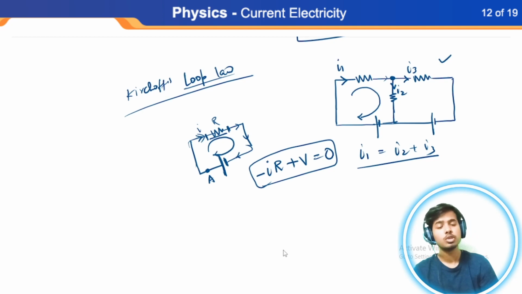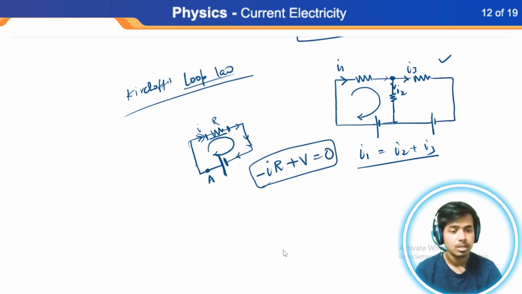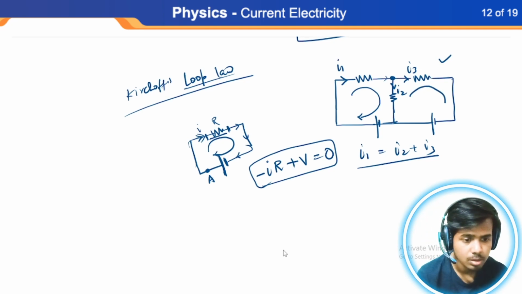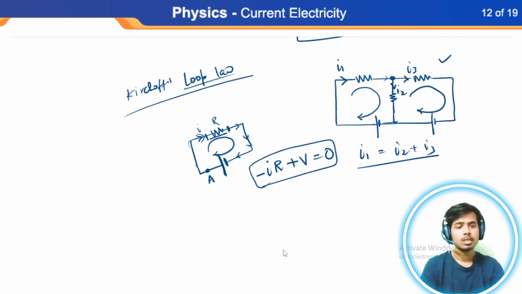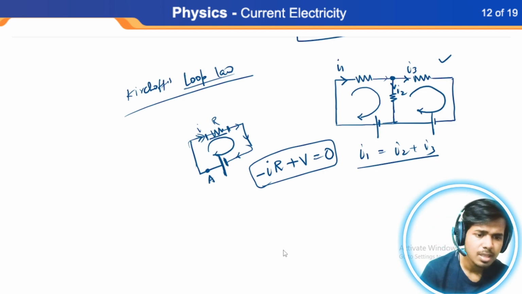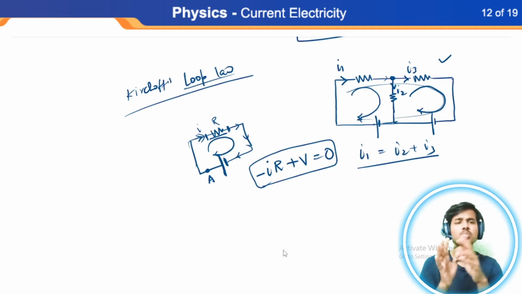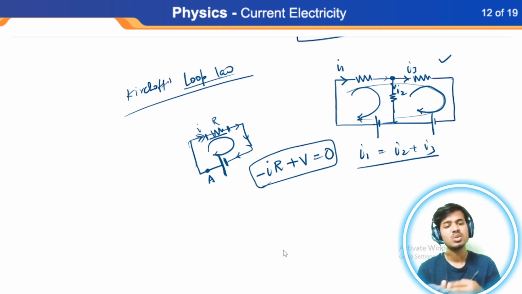Whatever number of loops are there, you can apply the loop laws across them. Although सारे पे अप्लाई करने की जरूरत नहीं पड़ता है. Let's say the number of loops that can be formed is 3, then the number of loops across which you can apply the equation are 2, because let's consider the bigger loop as the bigger one, then at the end the bigger loop equation will come out to be equal to the summation of first equation and the second equation.